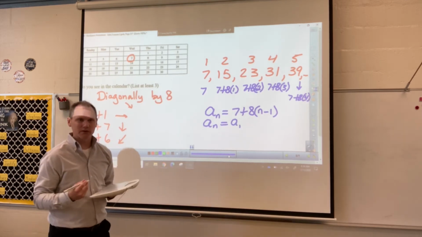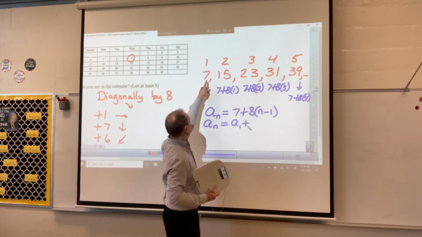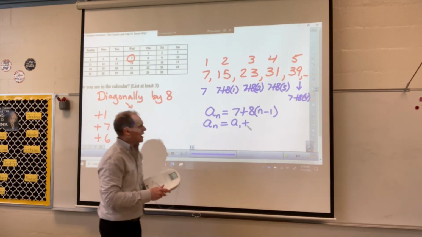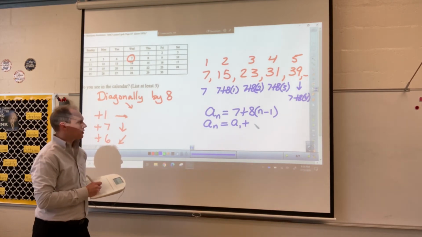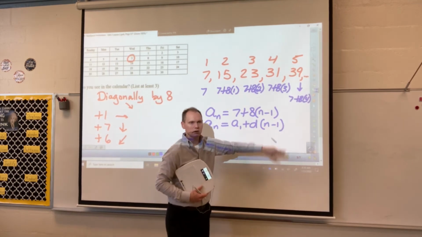That's how we denote the first term. Plus, wasn't 8 just how much we're adding each time? So we're adding 8 each time, so we're going to call that the common difference, which is d, and then it will always be term minus 1. If we start with the first term, it will always be a term minus 1.